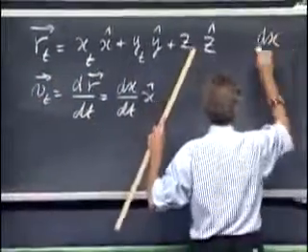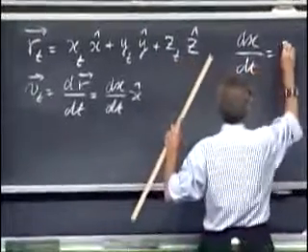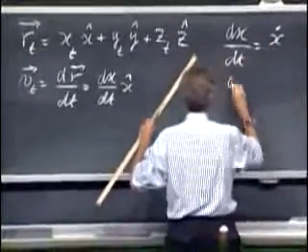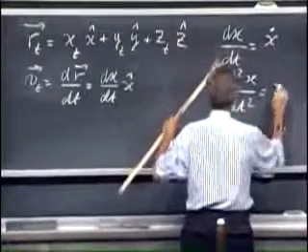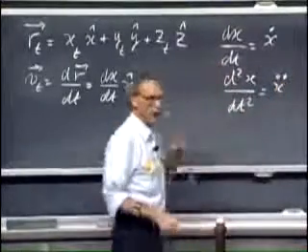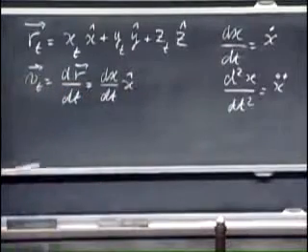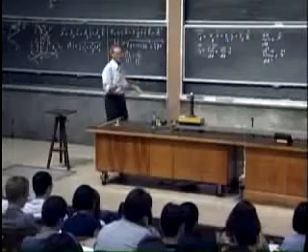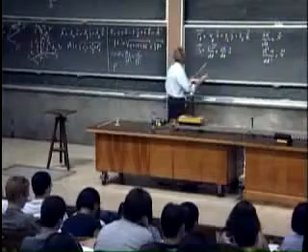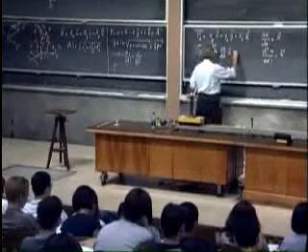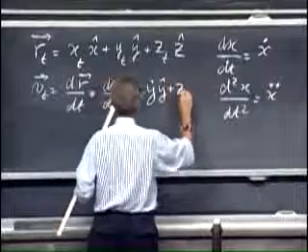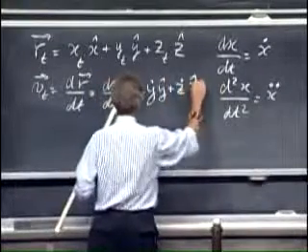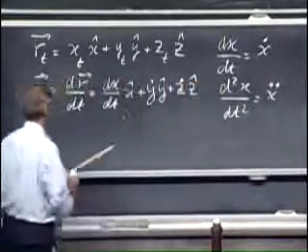I'm going to write for dx dt x dot, because I'm lazy, and I'm going to write for d2x dt squared x double dot. It's often done, but not in your book. But it's a notation that I will often use, because otherwise the equations look so clumsy. Plus y dot times y roof plus z dot times z roof. So z dot is dz dt.